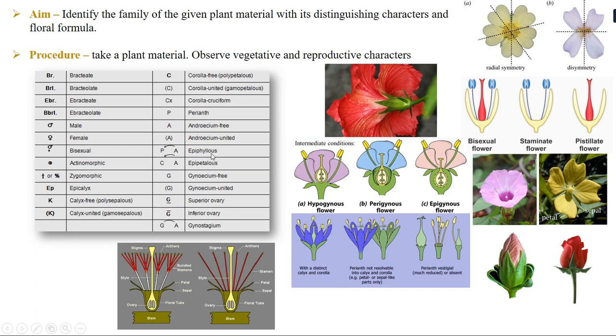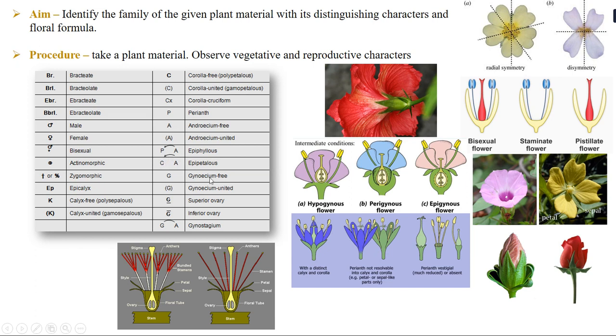So this is epiphyllous condition. And if the androecium is united with the corolla, okay, with the petals, then you simply write C and A, and you draw an arrow which is heading towards C. That denotes that androecium is fused to the corolla.